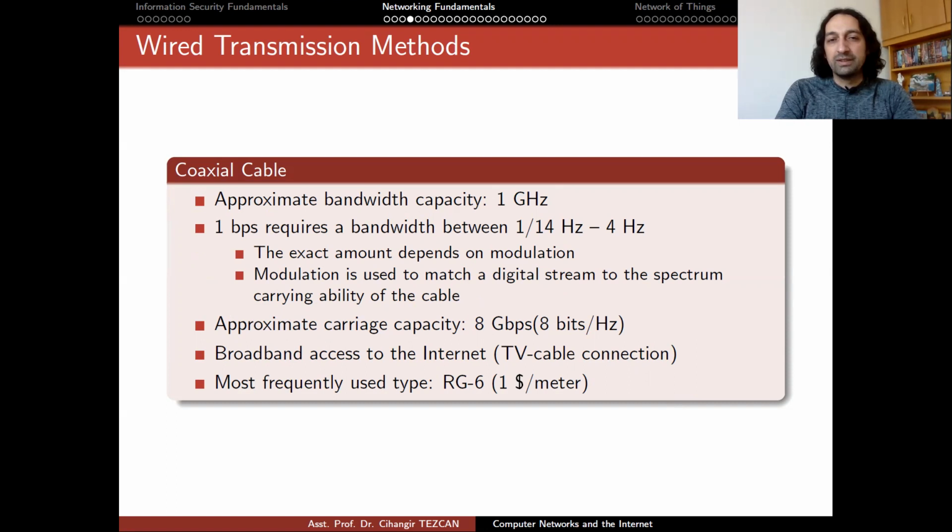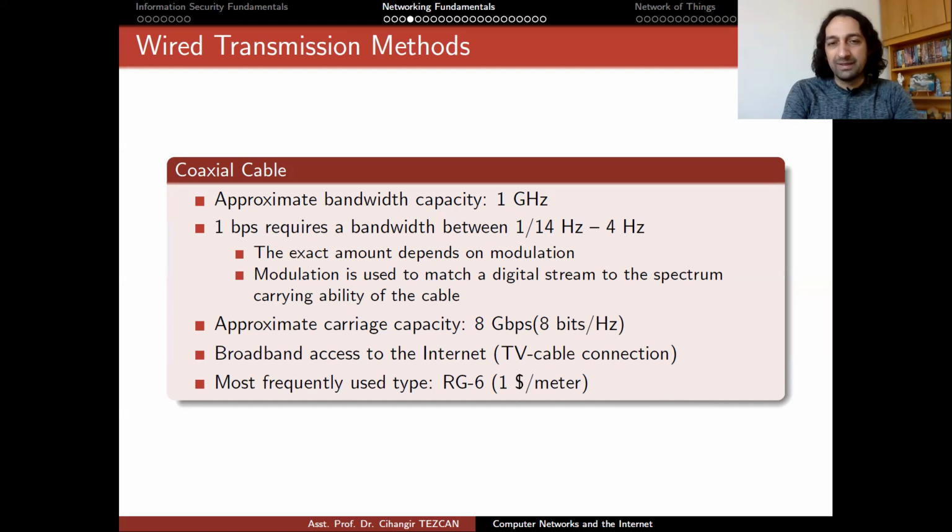Modulation is used to match a digital stream to the spectrum carrying ability of the cable. The approximate carriage capacity is 8 gigabits per second. It is used mostly in broadband access to the internet and TV cable connection. The most frequently used type is RG6.